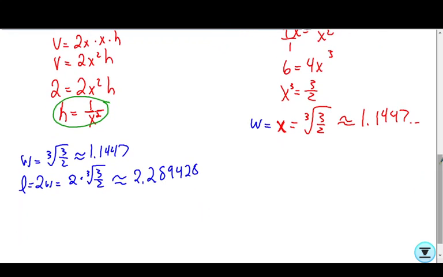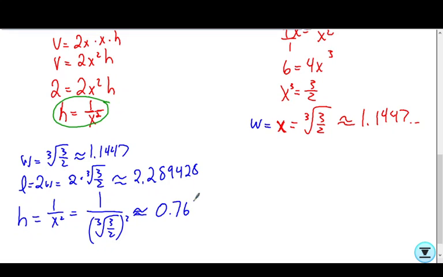And of course my height is 1 over x squared, which is 1 over the cube root of 3 halves squared, which is approximately 0.763148. And those are my dimensions right there.